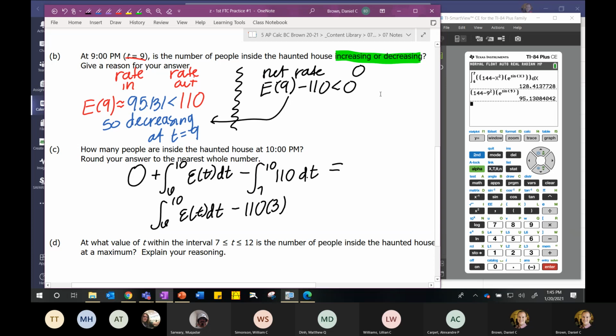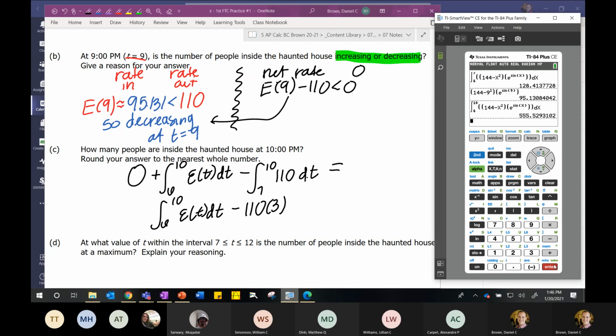In my calculator, again, definitely cheat if you can, so you don't have to type in all of that again. Not going to worry about the initial condition because it's 0, but I'm going to up arrow and select this first integral we have, and change it to 6 to 10. So there's the number of people who entered overall into the haunted house. But people are leaving at a rate of 110 people per hour.